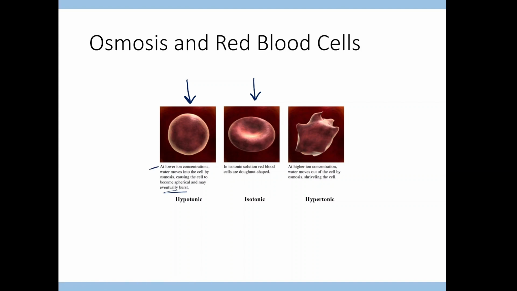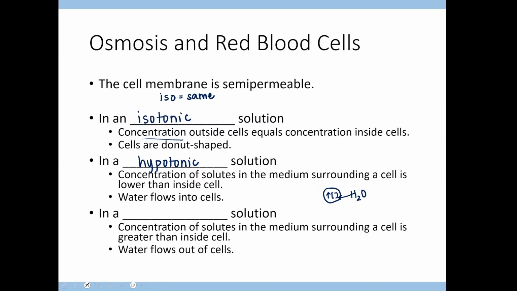So at lower ion concentrations, this is the concentration of the surrounding solution outside of the cell. Lower outside of the cell, higher inside the cell causes water to move into the cell. And then the opposite is a hypertonic solution, and this is when the concentration of solutes in the medium surrounding the cell is greater than inside of the cell.